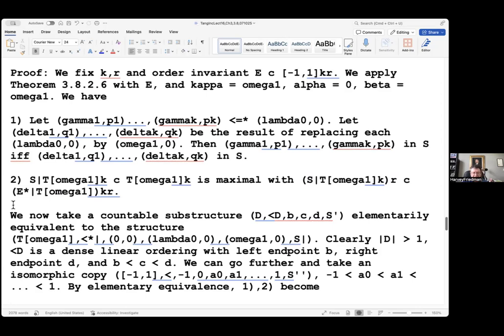That's the ordering, the basic ordering. 0, 0, lambda 0, 0, omega 1, 0, S. S restricted. Clearly D is greater than 1, and less than D is a dense linear ordering with left endpoint B, right endpoint D, and B is less than C less than 1.